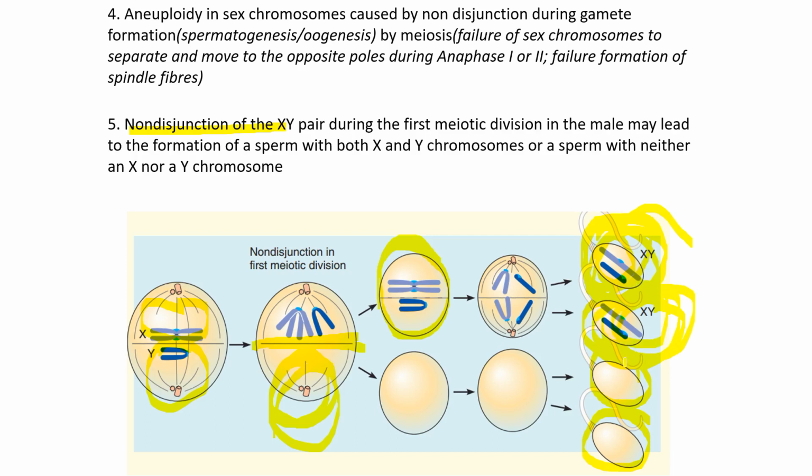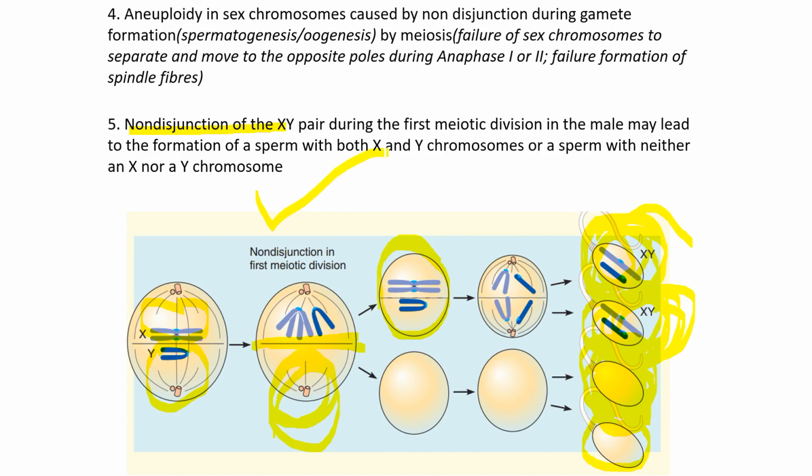If this sperm fertilizes an X gamete, it will give an XXY. What about this one? If this sperm fertilizes a normal gamete which has the X chromosome, it will form an individual with XO. O means lacking either the X or Y chromosome from the male gamete in this given example. Now, this is non-disjunction of the XY pair.